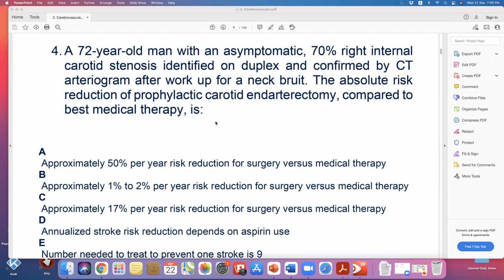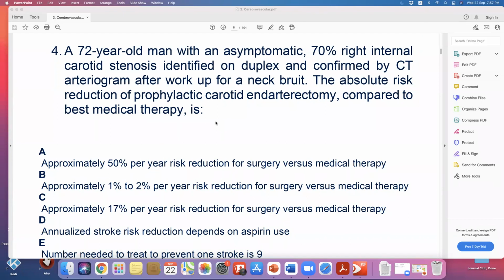Absolute risk reduction of prophylactic carotid endarterectomy compared to best medical therapy, in an asymptomatic 70%, 72-year-old. If we do surgery versus medical treatment, how much do we decrease his risk per year?